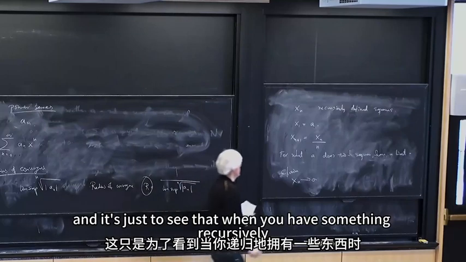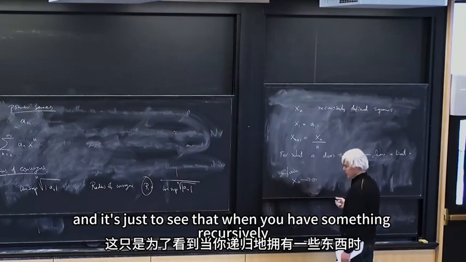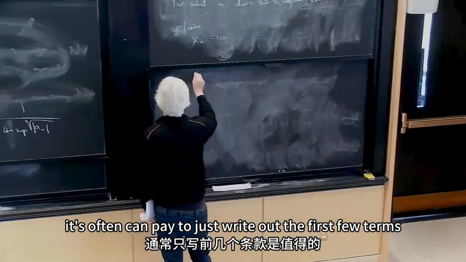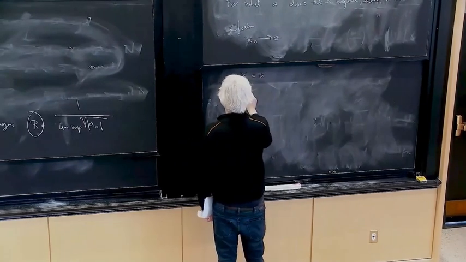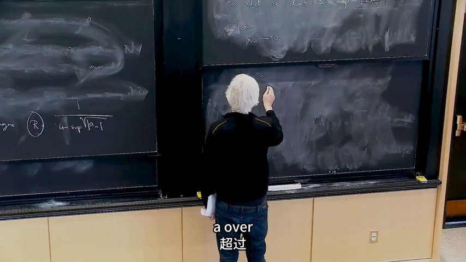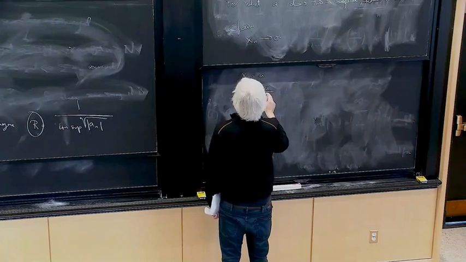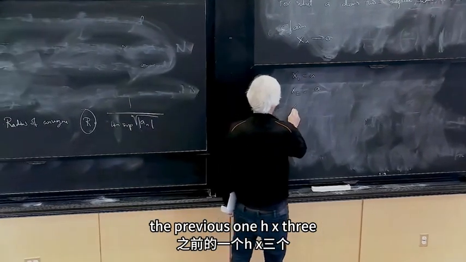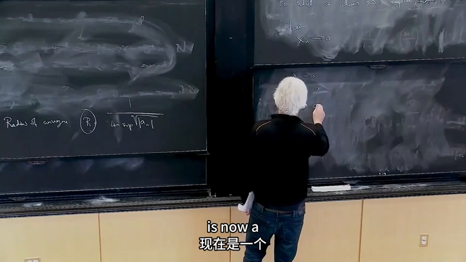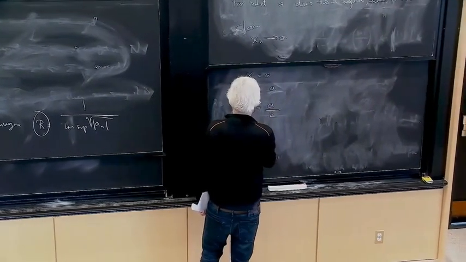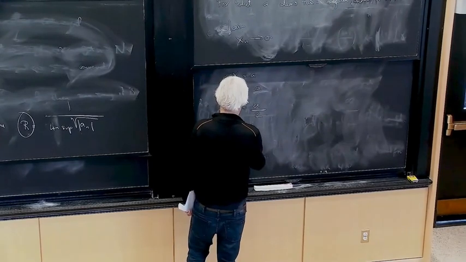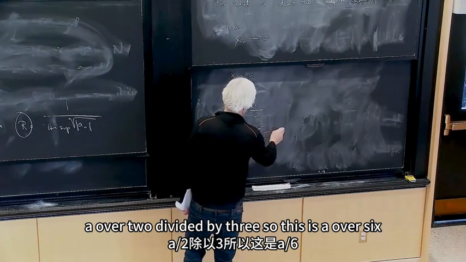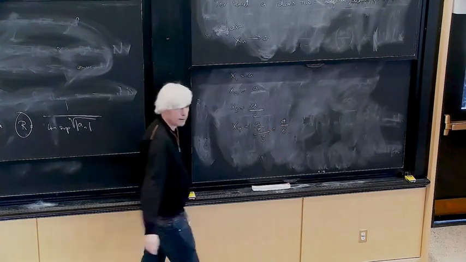When you have something defined recursively, it can often pay to just write out the first few terms. So x_1 is a, x_2 is a over 1, which is also a, because it's the previous one. x_3 is now a over 2, x_4 is then a over 2 divided by 3, so this is a over 6, and so on.